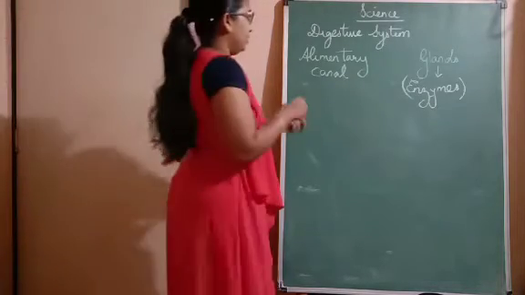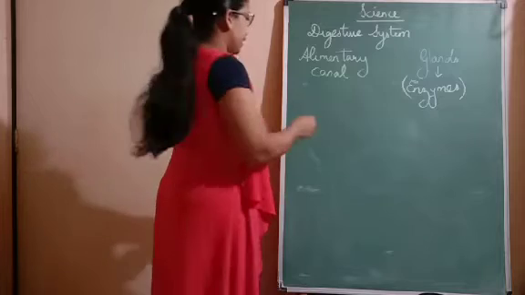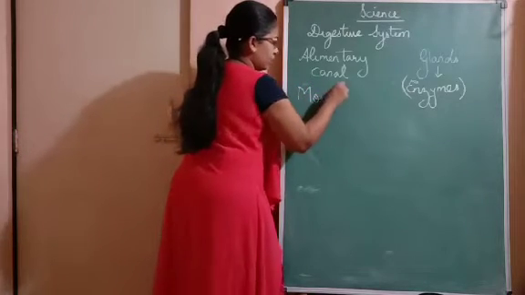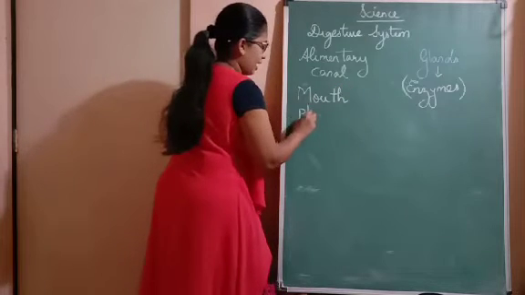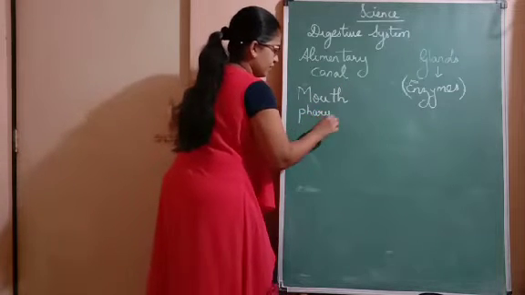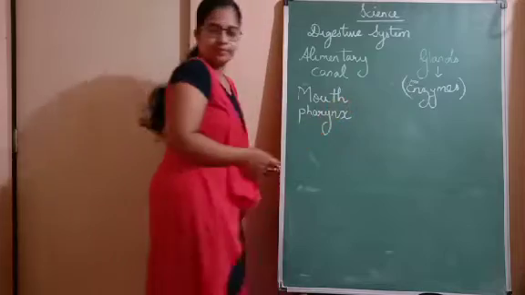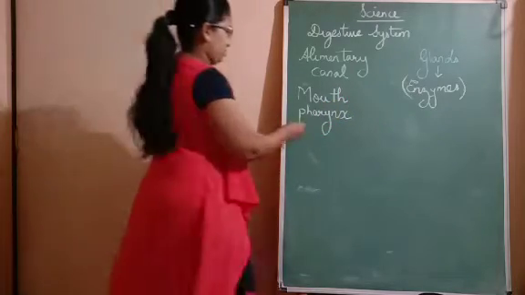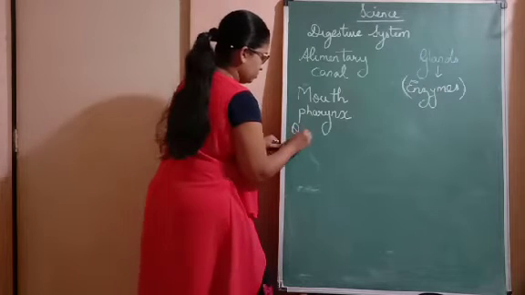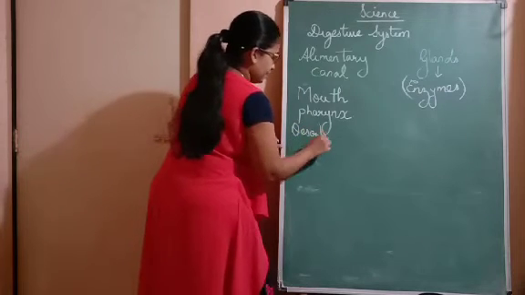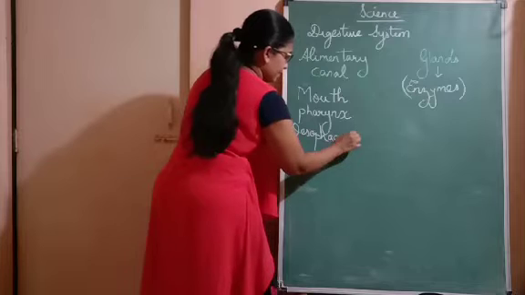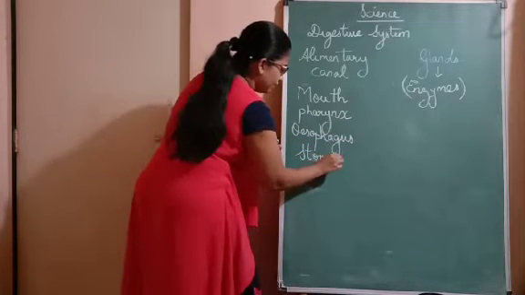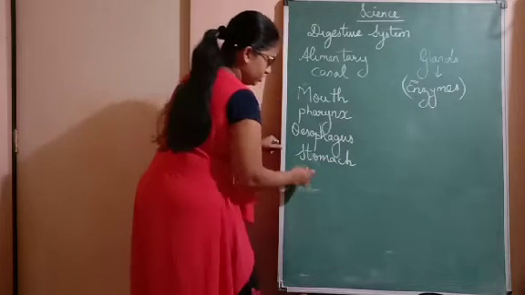Like I said, the various organs of the alimentary canal begin with the mouth. Then we have what is called the pharynx. After the pharynx comes the esophagus. After the esophagus, we have the stomach.